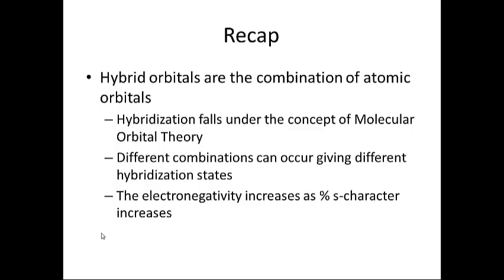And carbon is not the only atom where you can describe hybridization. I'm just keeping it in terms of carbon for the class. We'll talk about other atoms that have sp3, sp2, or sp hybridization when we get to class. The electronegativity, we talked about that. It increases as the percent s character increases.